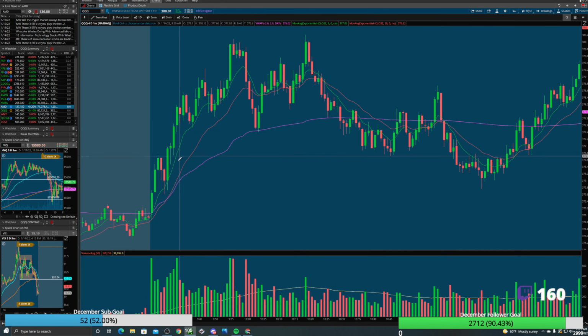You've laddered here, you still have your original entry, you ladder here, and you ladder there, right? And you've got 4 options contracts now to manage on 4 different active trades, however you're going to manage it. When you get into a big dump like this, it's going to scare you and you will lose a lot of money. So that's why you really should only be laddering 1 or 2 in addition to your original entry.